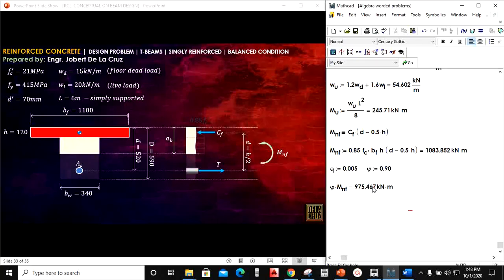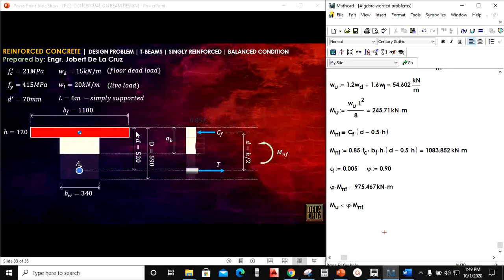Okay? Gets nyo? I will just put it here, Mu. Mu is lesser than this one. If this is the case, that means hindi na natin needed yung beam width natin dito.